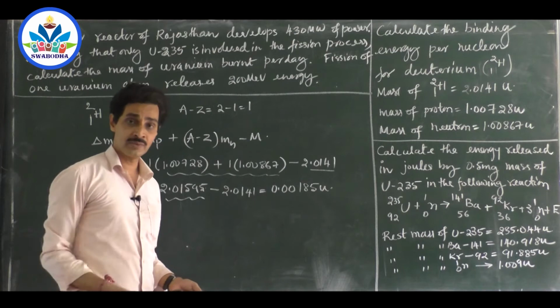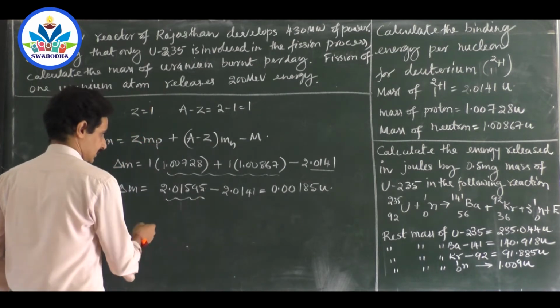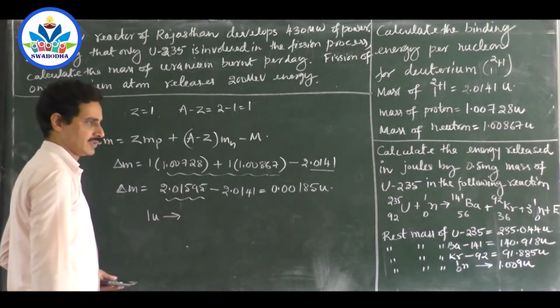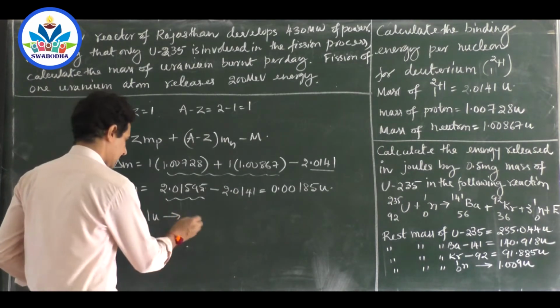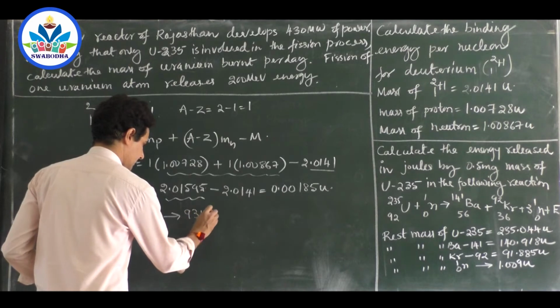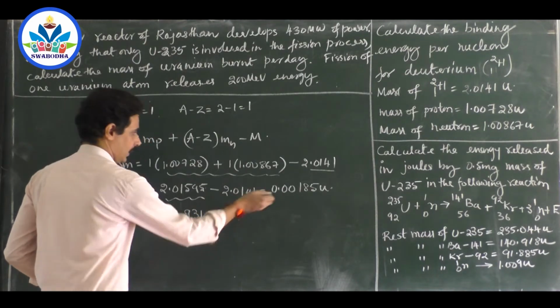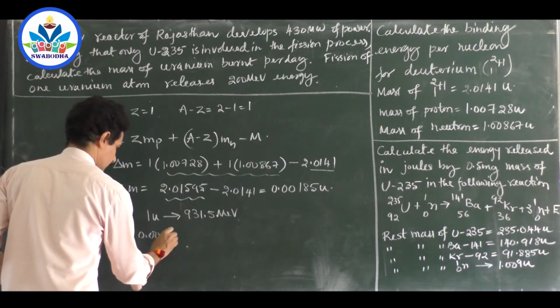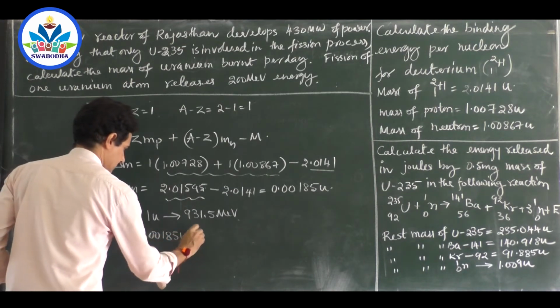Now how to convert it into energy? Energy conversion. You know that one atomic mass unit, if it is completely destroyed into energy, the energy obtained is 931.5 million electron volts, whereas if you destroy 0.00185 U, how much energy is obtained?